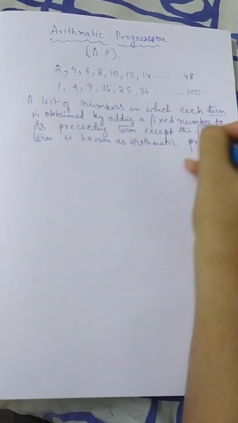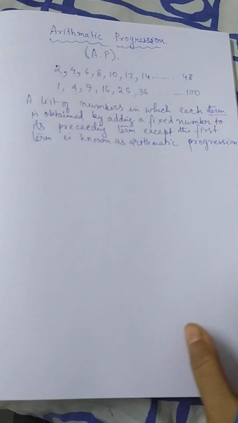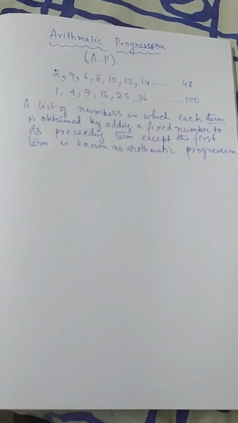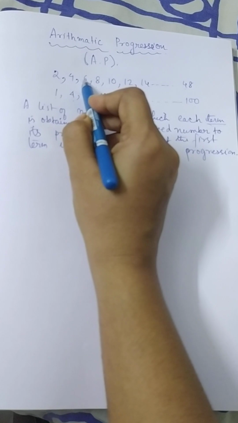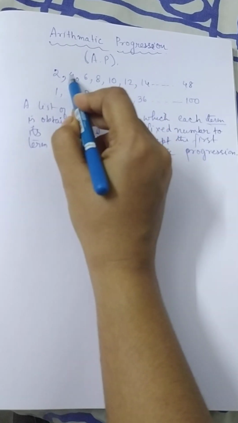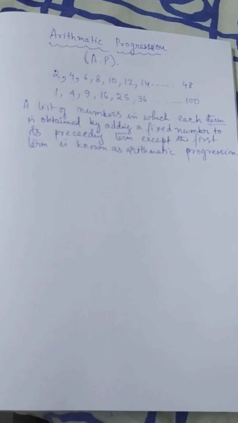Now what is a term? This is nothing but each number. Each number in the series is known as a term, right? So there must be some difference between each of the terms, which is the same in each case.